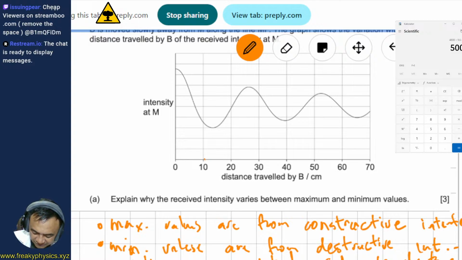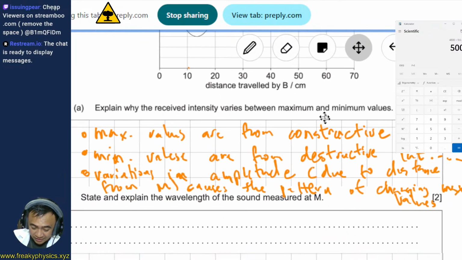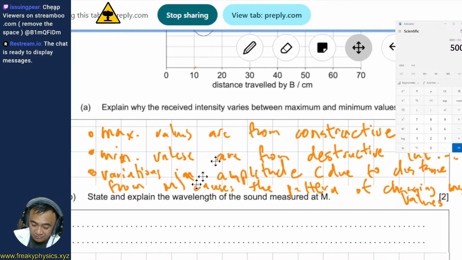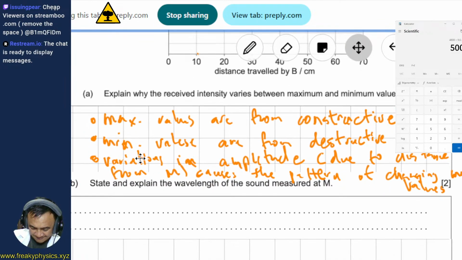Okay, so those are the 3 marks, and that would be fine. Now, what would I expect you to write in an actual paper? You can still get 2 marks if you run out of ideas. The first two should be there by default. Now let's go to B.